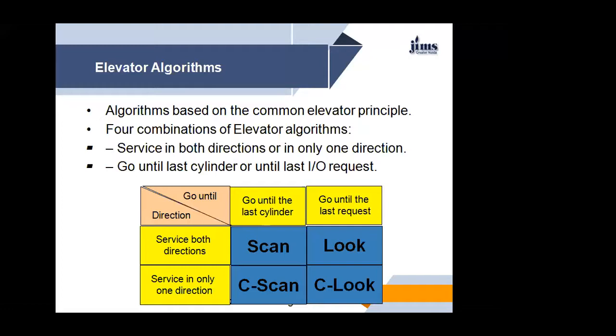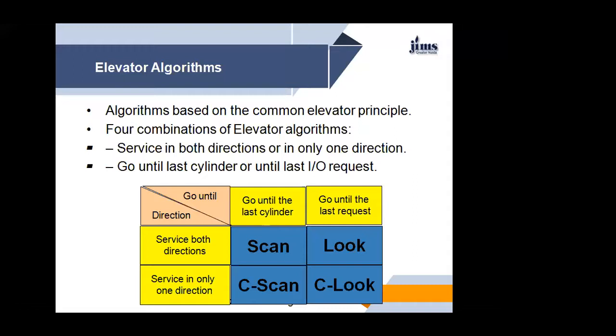In LOOK, go until the last request, however it will service in both directions. In C-SCAN, service will be in one direction and go until the last cylinder. And in C-LOOK, go until the last request and service in one direction.